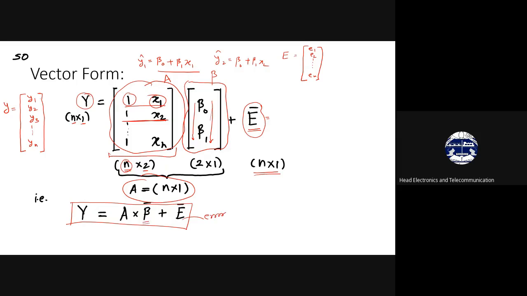This is the beta vector. This is the A matrix which has this construction. Okay, so keep this in mind. It will come to you again maybe in the next derivation.